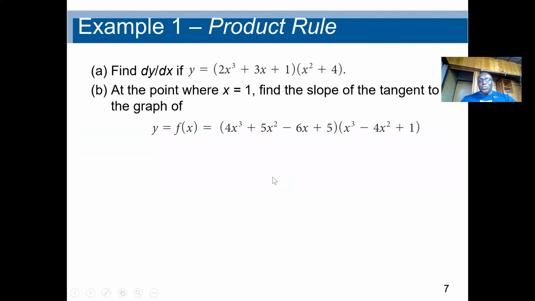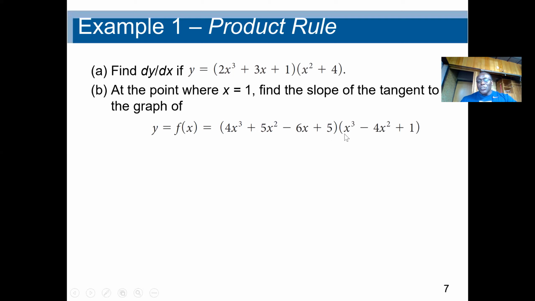So we're going to see an example here. Here they say we should find the derivative of y equal to 2s squared plus 3s plus 1 times s squared plus 4. Now, I have a multiplication here. So in this case, I have to use the product rule. So this is f of s equal to 4s cubed plus 5s squared minus 6s plus 5 times s cubed minus 4s squared plus 1.